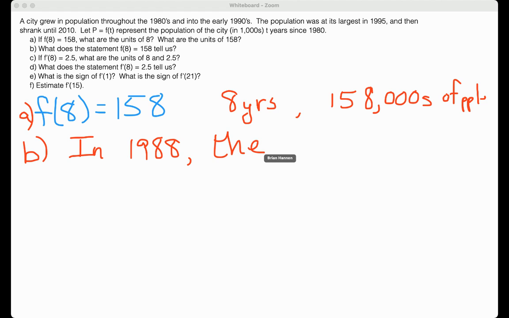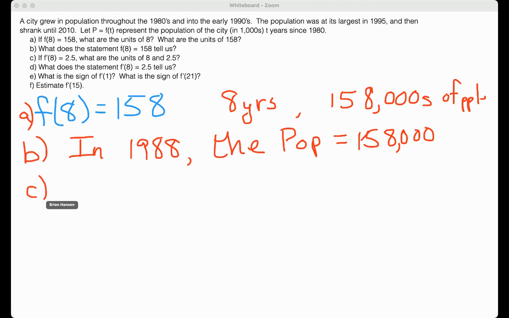And since the number represents the population, in 1988, there were 158,000 people in this town. So notice I'm just using the units a lot. I haven't even looked at derivatives yet, but I'm going to next.